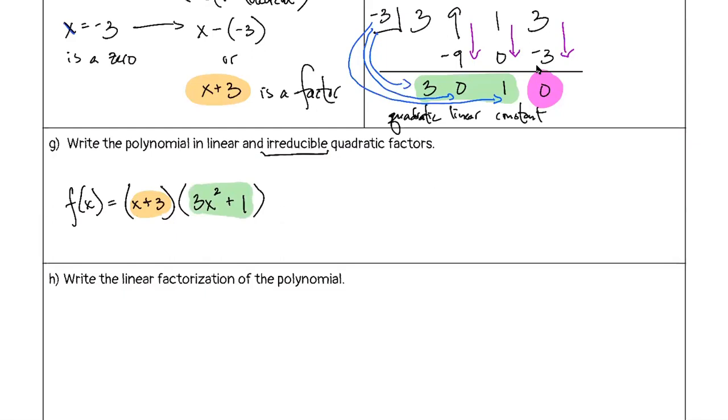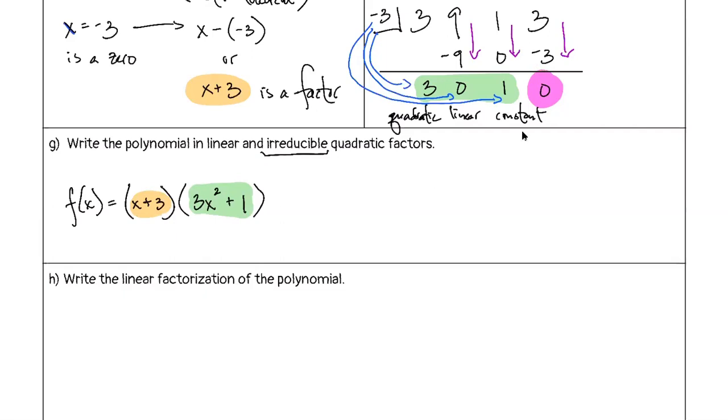X squared is quadratic. But here's this new term, irreducible. Before we talk about irreducible, does everyone understand where the 3x squared plus 1 came from? Okay, I've got one affirmative.